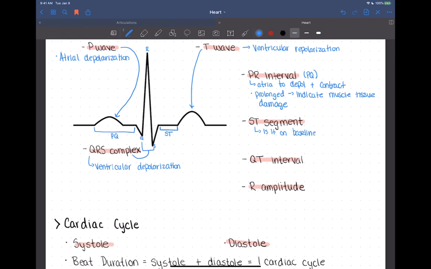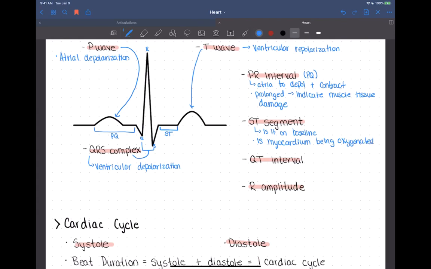If we drew a straight line all the way across here, is it on baseline? Is it elevated or something like that? What that will tell you is if that myocardium is getting enough oxygenated blood. Is myocardium being oxygenated? So that's an important feature to look at.